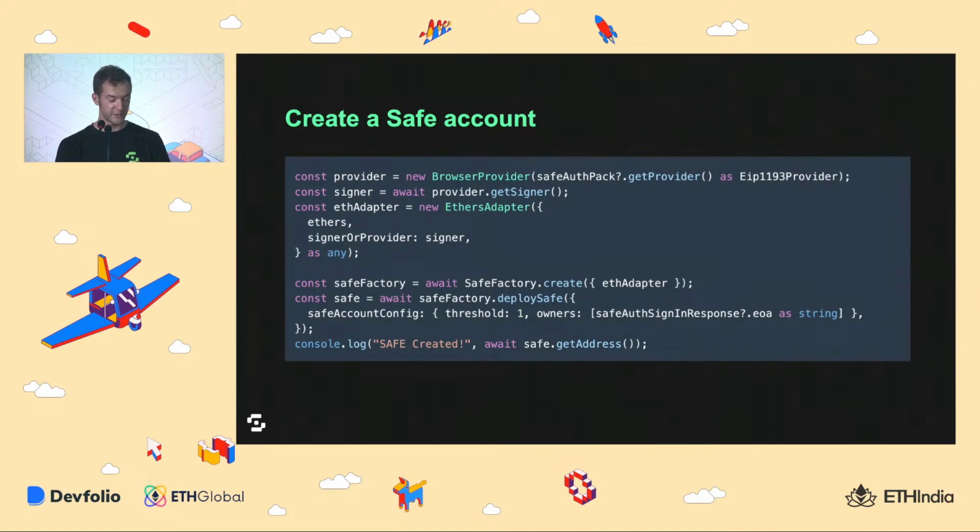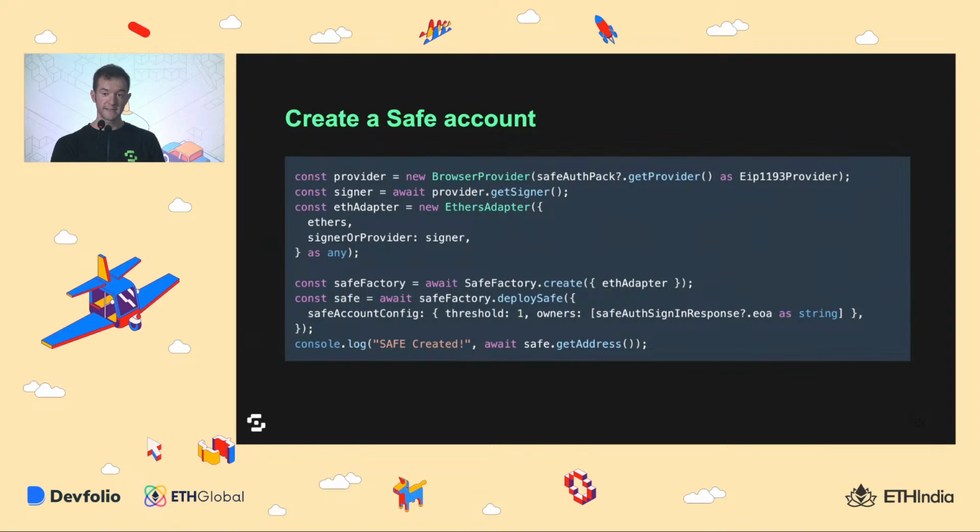In the previous line, we see that we are calling the safeFactory.deploySafe with some configuration. That configuration is the threshold, which is 1 in this case, and the list of owners, the signers. Here, we want to use the EOA we got from the MPC. So we are calling safeauth sign in response.eoa. That will be the address.